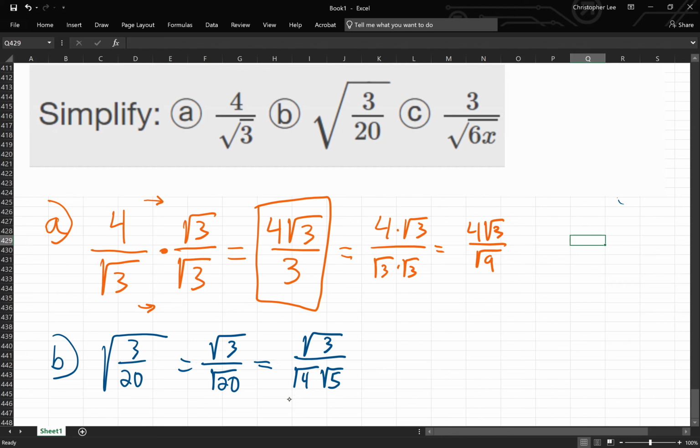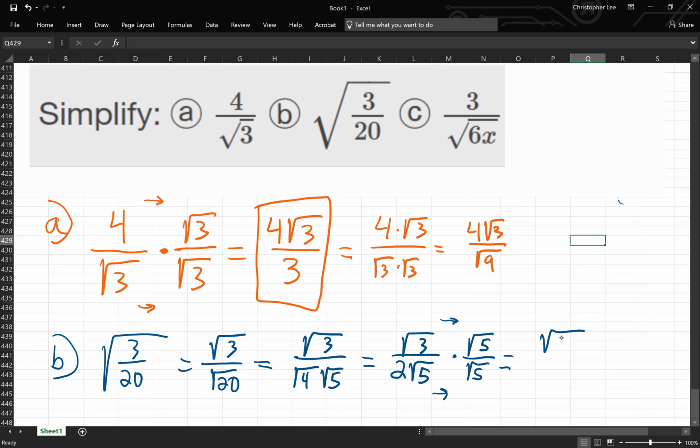And what's the square root of 4 again? 2, right? So this becomes what? Square root 3 over 2 square root 5. Now, all I have to do, remember, what's the illegal part? The radical, right? The radical 5. All I got to do is just multiply by the radical 5 over the radical 5, and I'm good, right? So, again, we multiply fractions straight across, right? Square root 3 times square root 5 is just what?